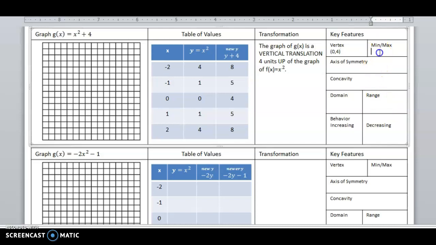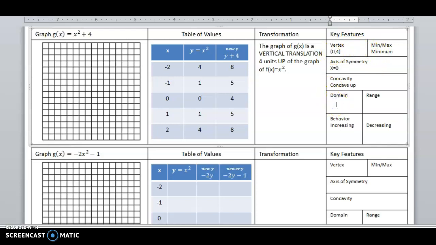Now, is it a minimum or a maximum? Since we know that our parabola is going upward, because the sign of a here is positive, so it's concave up. If the parabola is concave up, then this vertex here will be the minimum, because it's the lowest point. Now, the axis of symmetry is x is equal to, and then you use the x value of your vertex, which is 0.